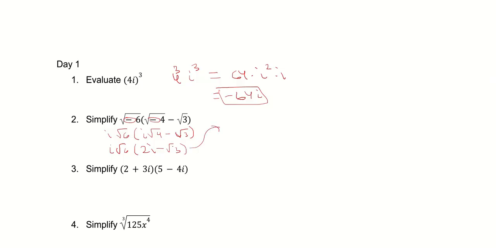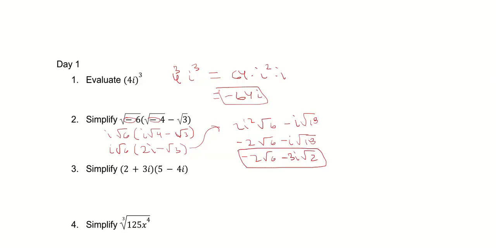And then we have i root 6 times 2i is 2i squared root 6 minus i root 18. And then i squared we said is -1. So it's -2 root 6 minus i root 18. But then 18 is 9 times 2, so we can bring out the 9 as a 3 and get -2 root 6 minus 3i root 2.